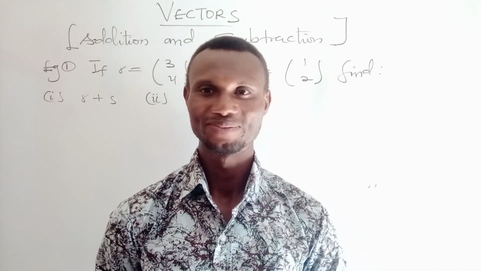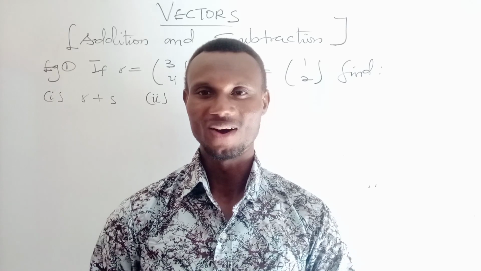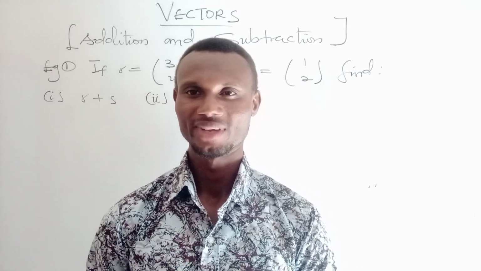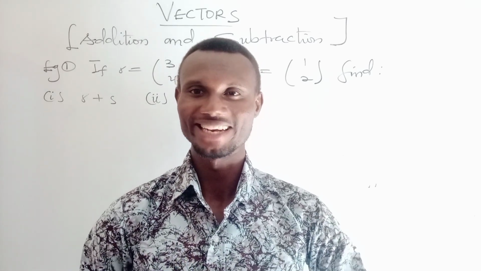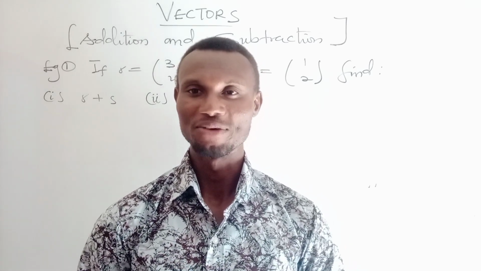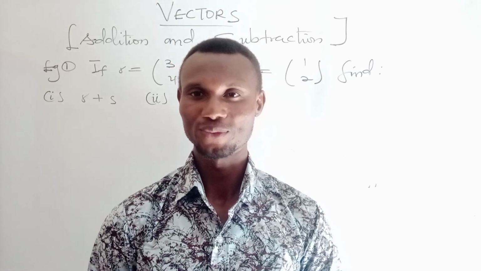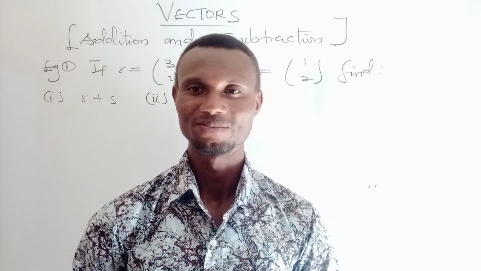Hello once again. Welcome to example 1 on the vectors that I started with you in the first video. In the first video, we started learning about vectors and we've done a detailed explanation on it, and I hope you understood it and you enjoyed the lesson as well.